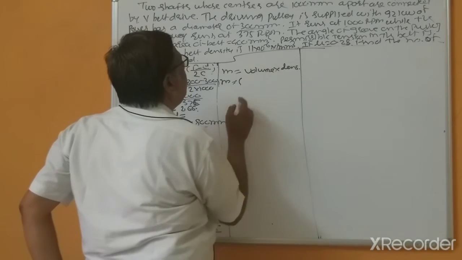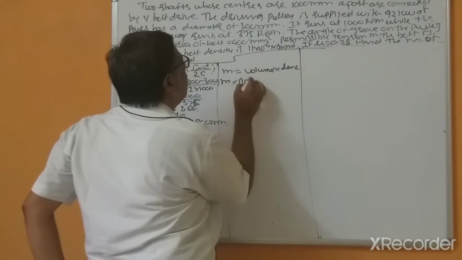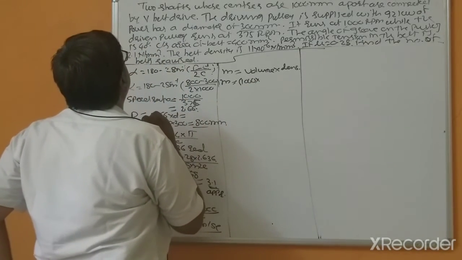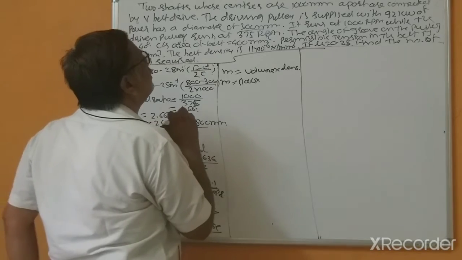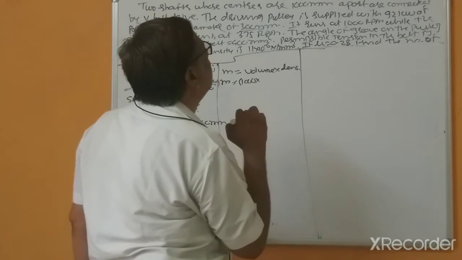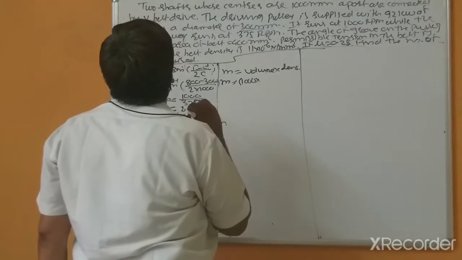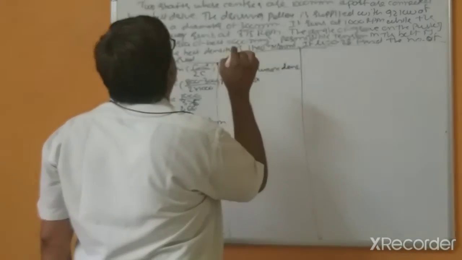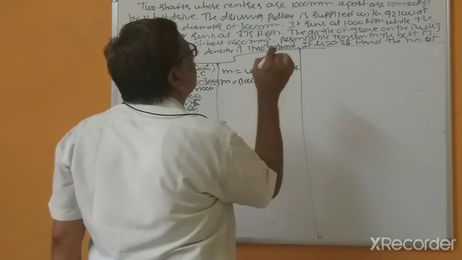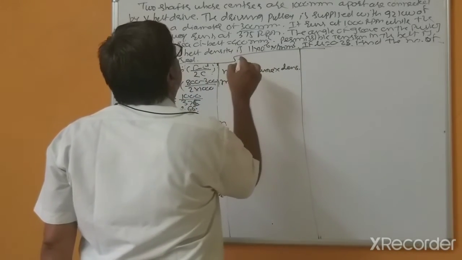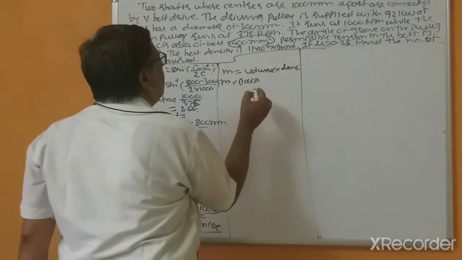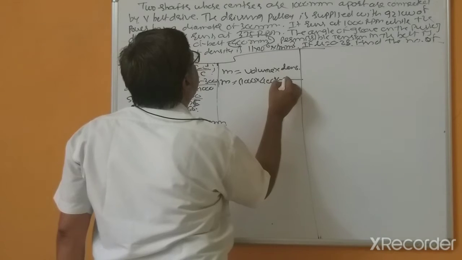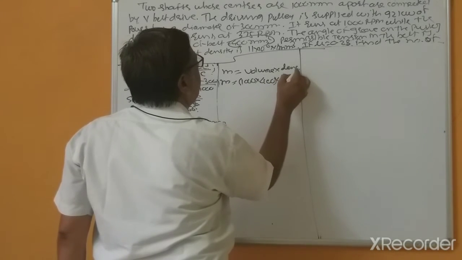So volume in meter cube is 1000 into area of cross section 400, multiplied by 11 into 10 to the power minus 6.